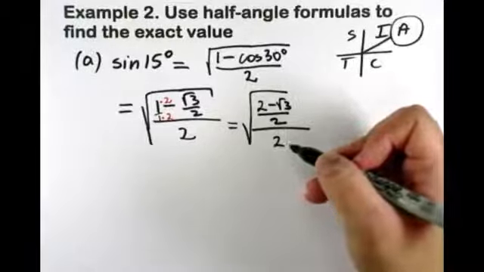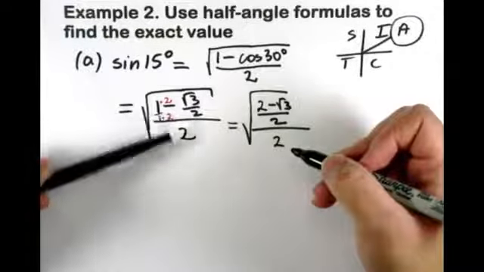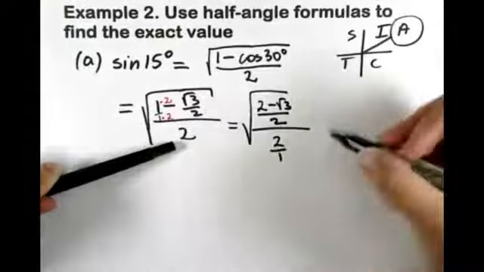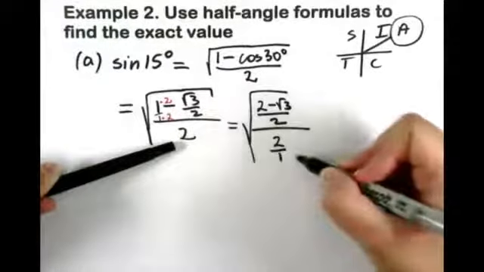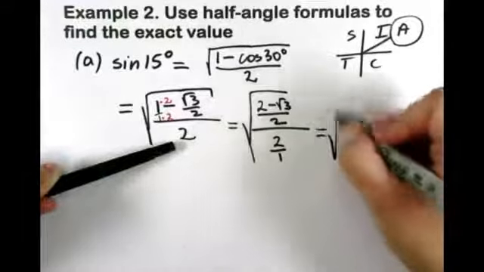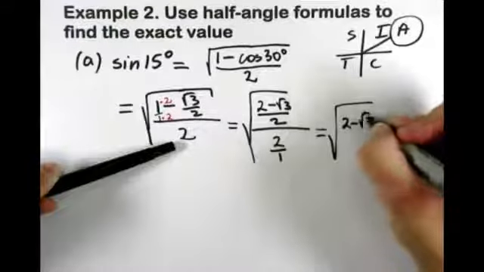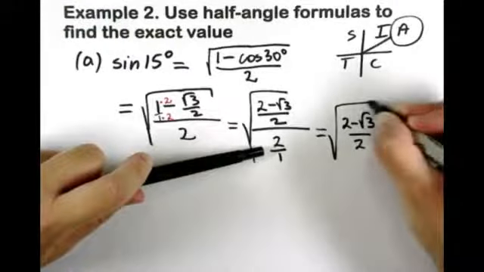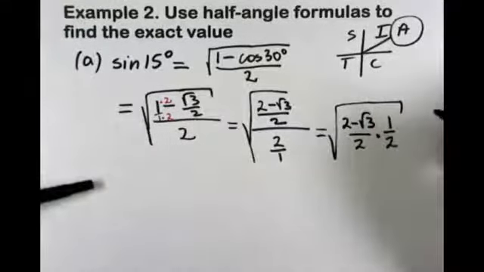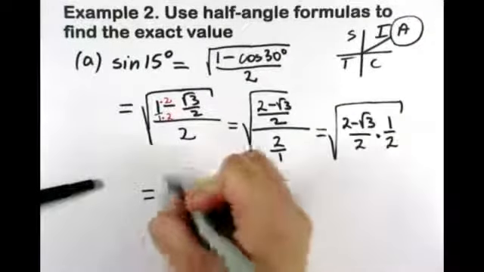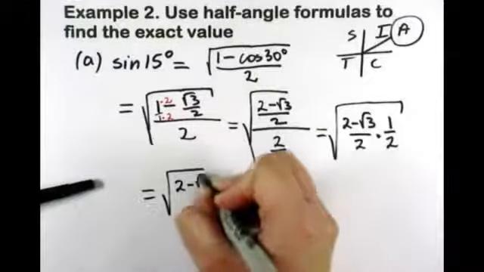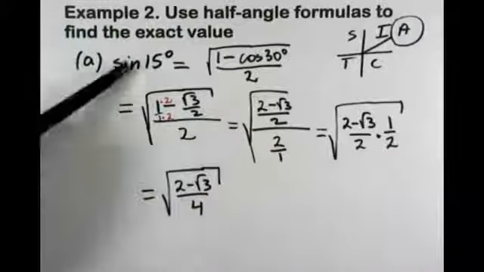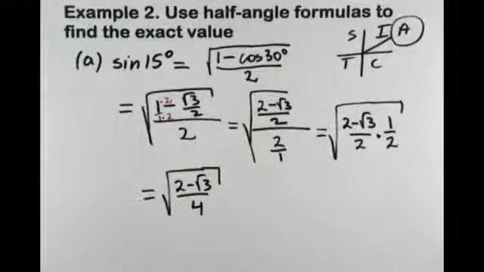I have over 2 from the first fraction and then over 2 from the second fraction. So over 2 is like 2 over 1. To divide by a fraction means multiply by its reciprocal. So this one is 2 minus root 3 over 2 times 1/2. Okay, so this gives me square root of 2 minus root 3 over 4. So sine 15 is equal to this value.